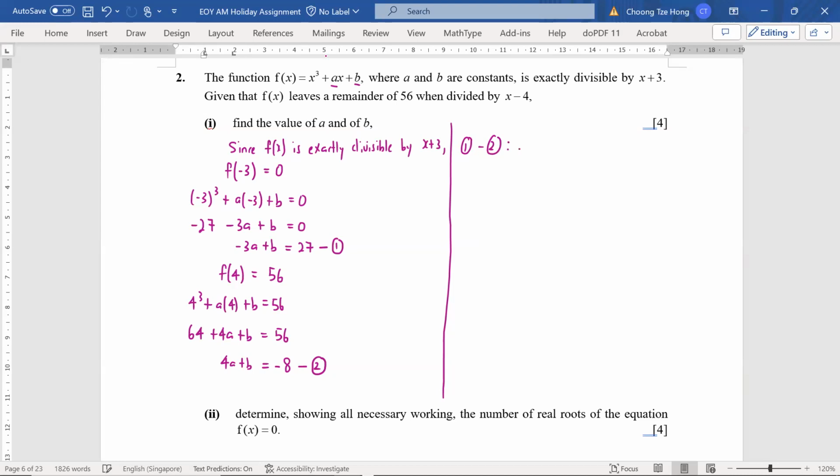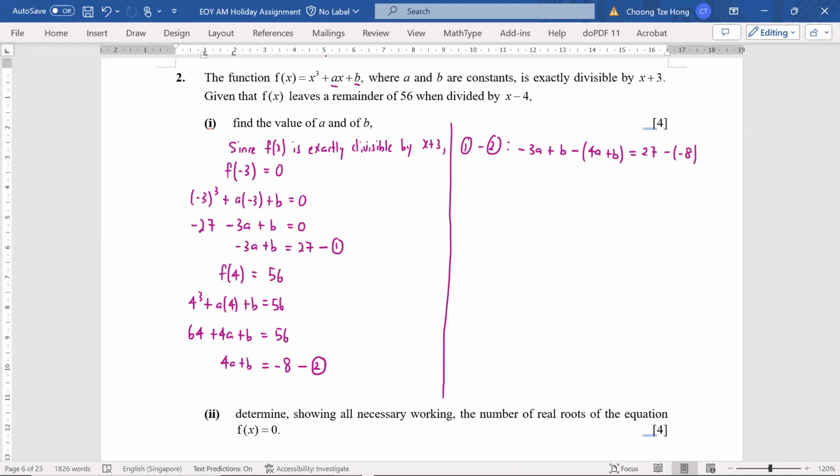Okay, so you will have minus 3a plus b, left side minus left side of the equation, minus (4a plus b) equals 27, the right side minus right side, minus minus 8. Okay, so over here be careful, minus minus 8, right?